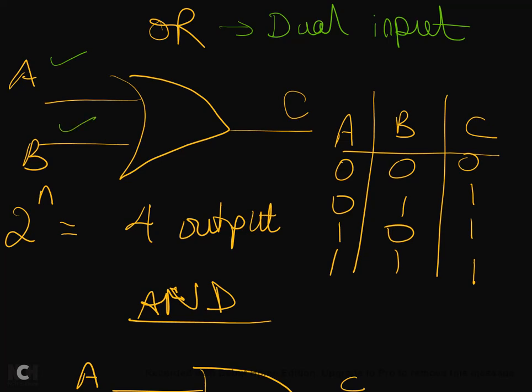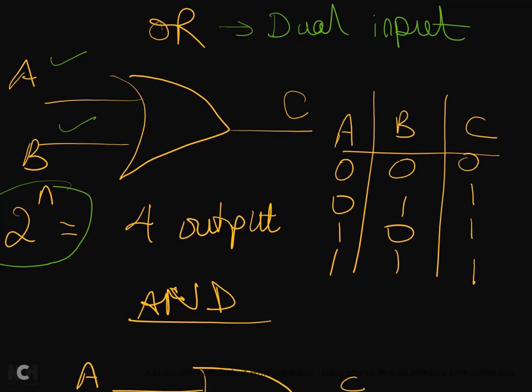Now, if you have more than two inputs, you can predict the number of output combinations. That is the number of input combinations you can have with 0 or 1, and that will tell you how many possible outputs you can have. We can use this little formula, 2 to the n, where n is the number of inputs. So if I have 2 inputs, then I have 2 squared, which is 4 possible outputs.